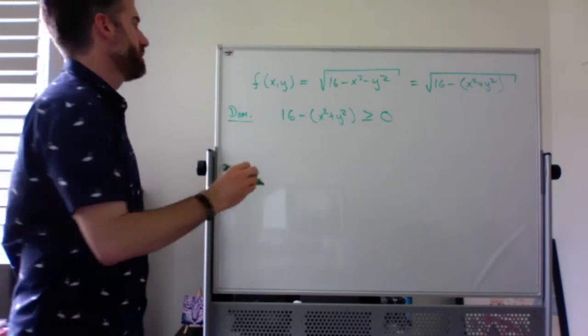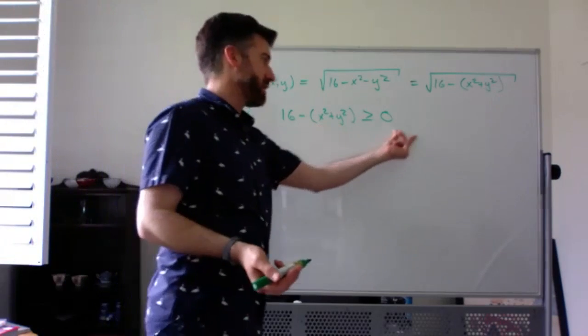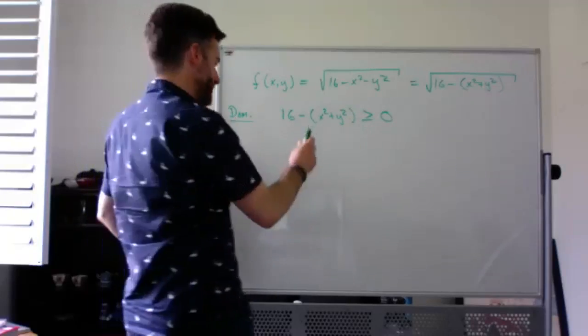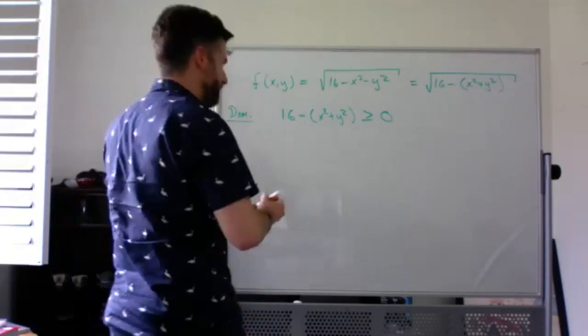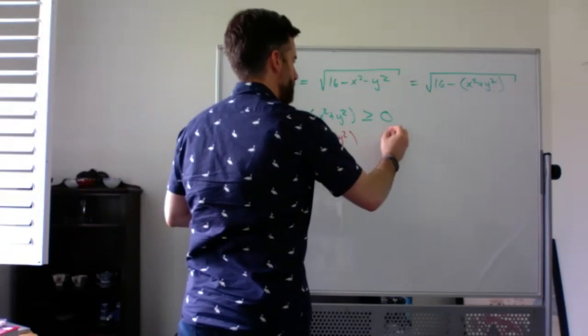All right. So I would prefer to have the x squared plus y squared be positive. I'm going to bring that over to the other side. You can also subtract 16 and multiply both sides by -1, but I'm just going to add different colors. I'm going to add x squared plus y squared to both sides.